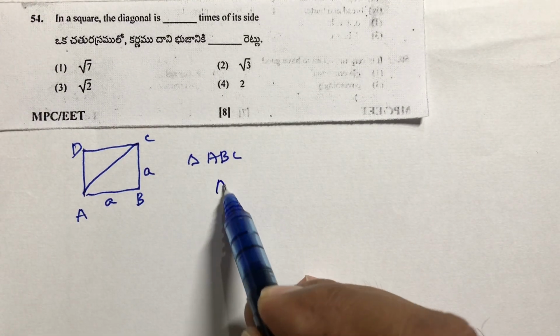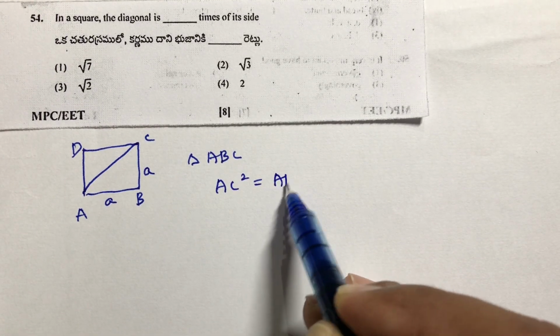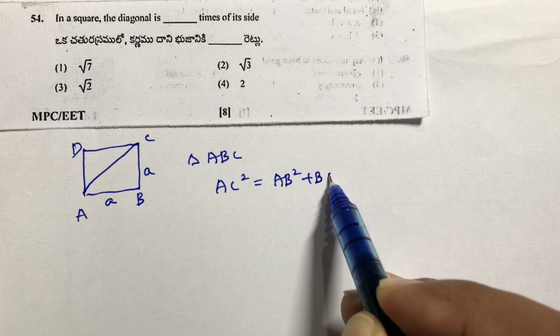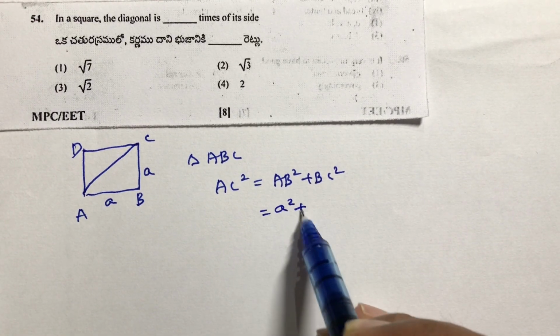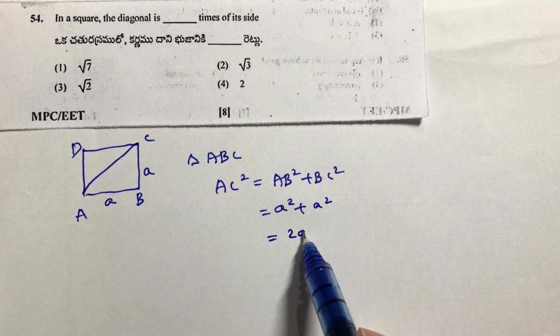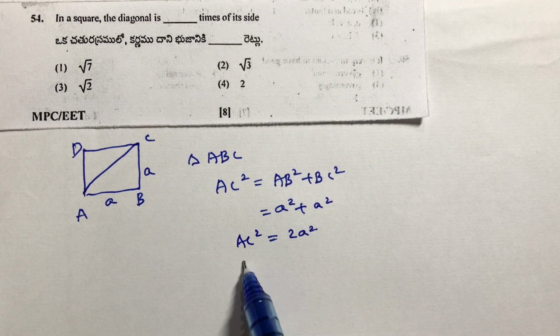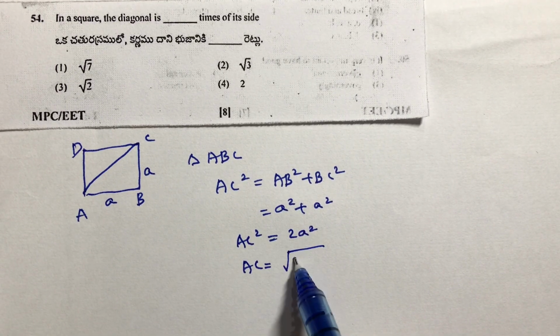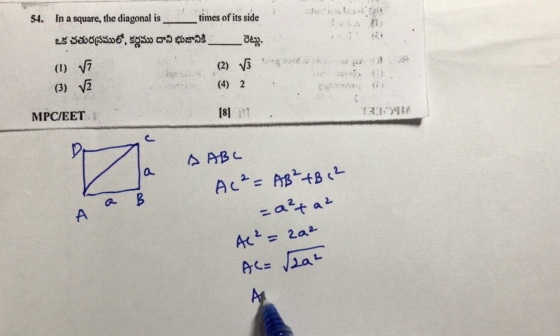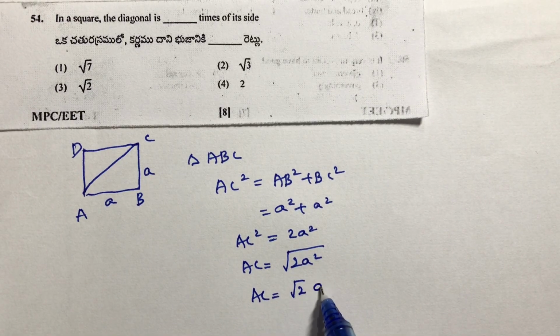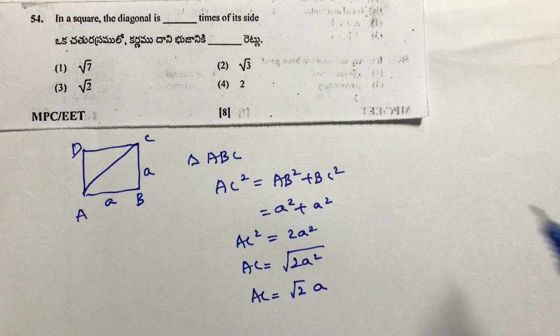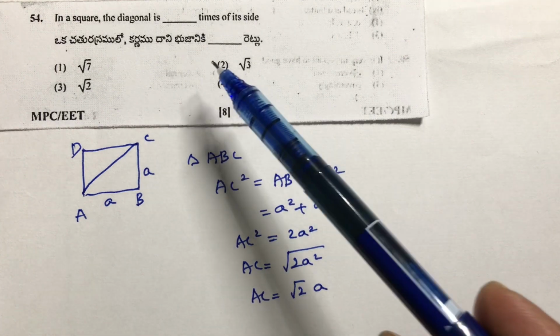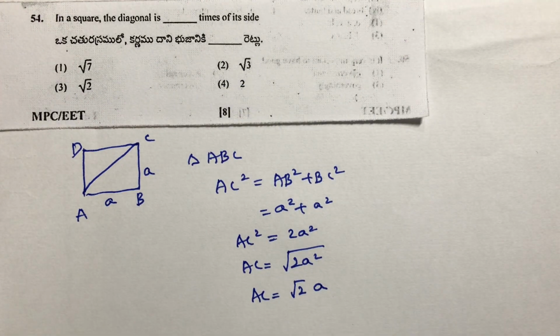AC square equals AB square plus BC square. So a square plus a square, 2a square. So AC square is 2a square. AC is under root 2a square. So AC is root 2 times a. a is nothing but side. So in a square, the diagonal is root 2 times its side.